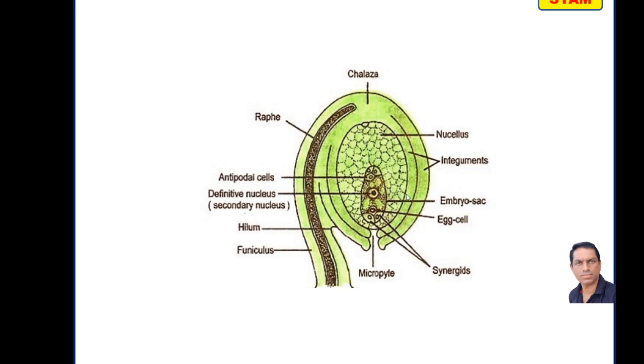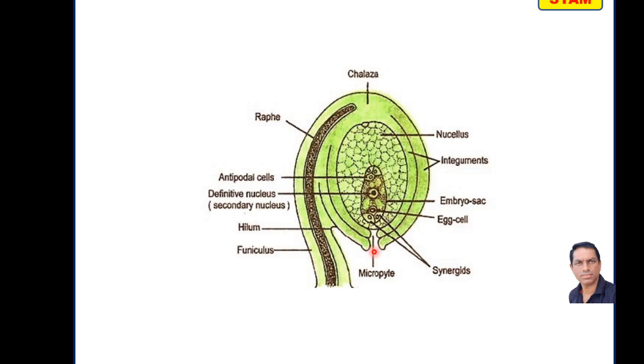Each ovule consists of a central mass of diploid cells. These diploid cells are called the nucellus. This nucellus is surrounded by two protective layers, called integuments: the outer integument and the inner integument.